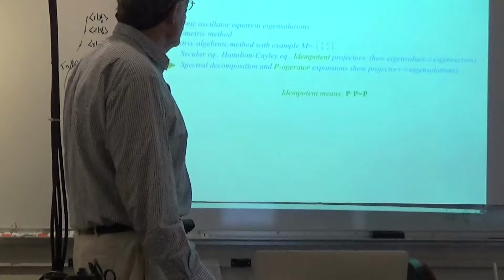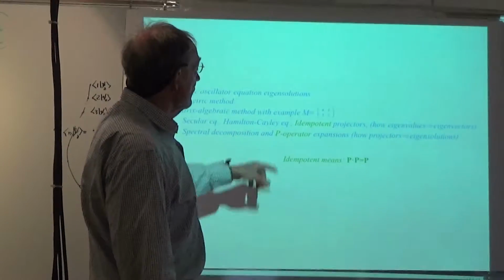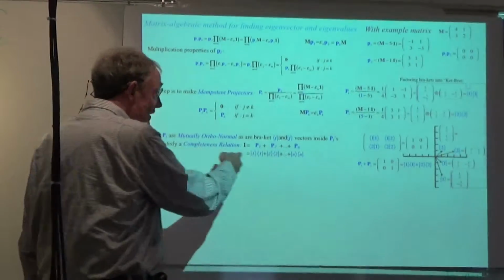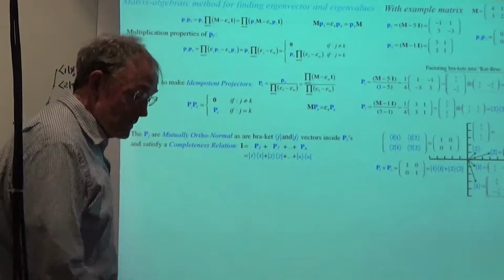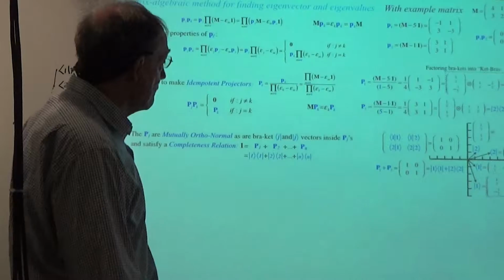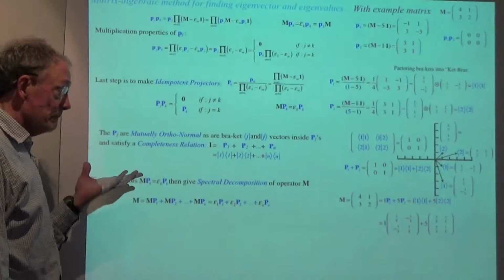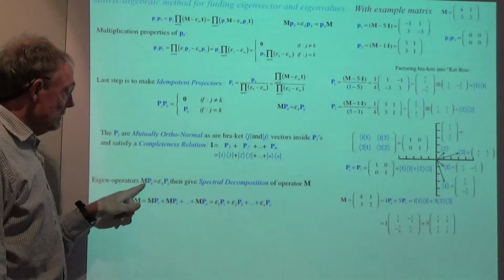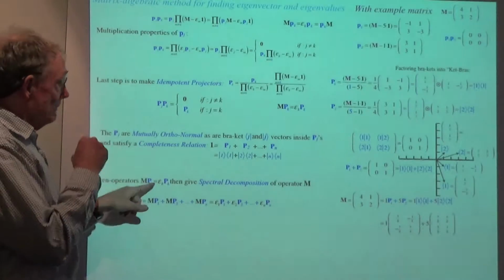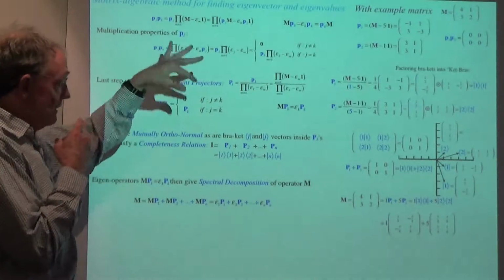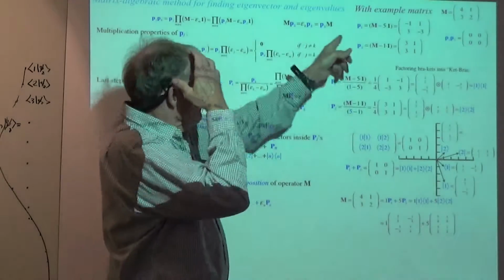Now, let's do some other things here. Spectral decomposition. That's really cool. It's based on the completeness relation. And the way it works is you say, okay, I've got this equation here that tells me that the matrix times the projector is equal to eigenvalue times projector. That's kind of what we came in doing up here.